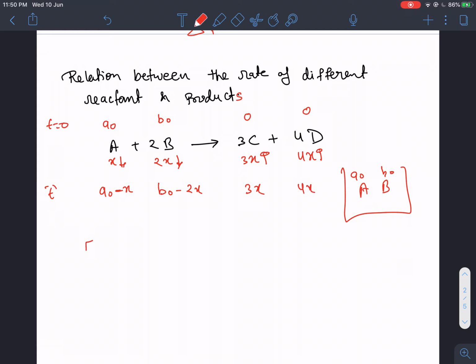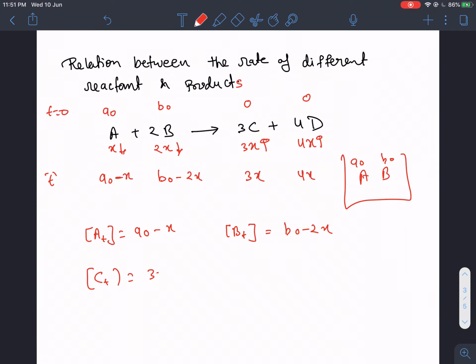So I can write that the concentration of A at general time t in terms of x is A naught minus x. Similarly, the concentration of B is B naught minus 2x. Similarly, the concentration of C at time t in terms of x is 3x, and the concentration of D at time t in terms of x is 4x.